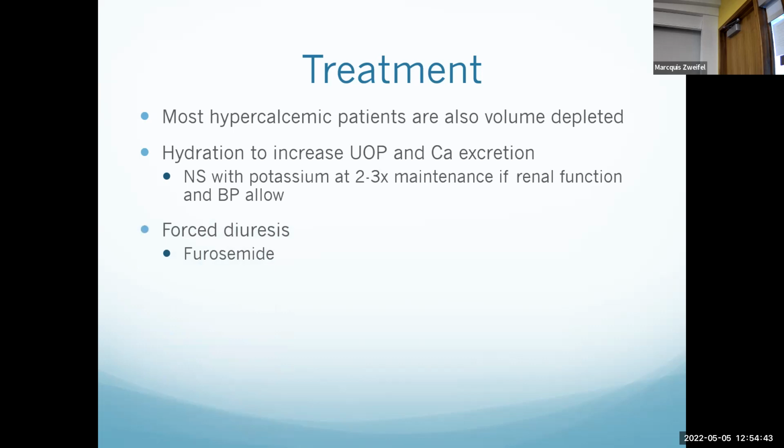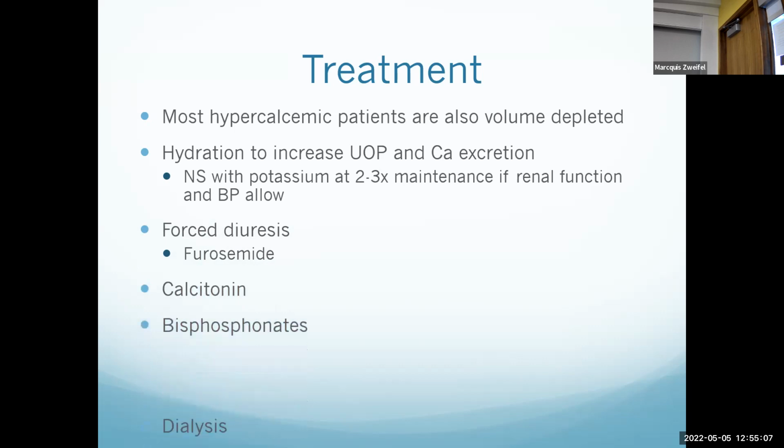Forced diuresis: you only want to start it when you know that you 100% have replaced their intravascular depletion. So don't order IV fluid and diuretics together. Only start the diuretics after you've given them IV fluid for a while, and only when they start having some edema. Calcitonin is another modality.